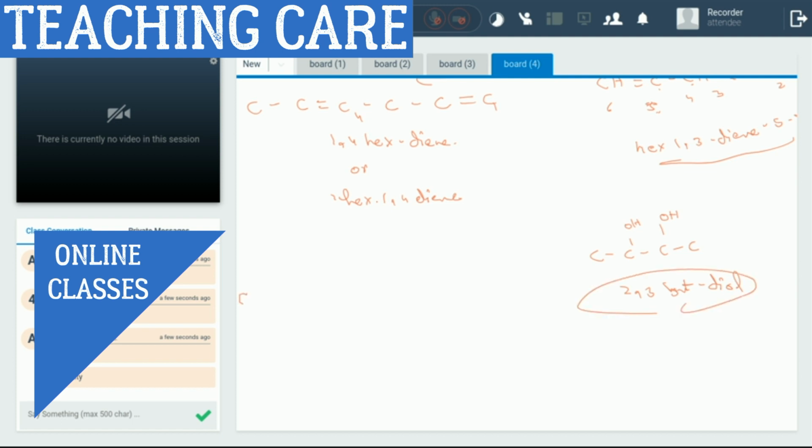Now, OH and this is CH3. What is the name of that compound?